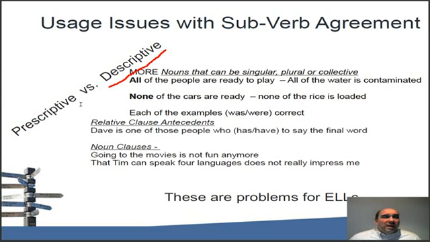A man walked into a room. Well, a person walked into a room, right? And so you have this person who likes cherries, and so he goes to the store. Oh no, I can't say he goes to the store. I have to say they go to the store, right? Generic. That's a prescriptivist telling you how to use your language instead of a descriptivist who simply describes how language is used.